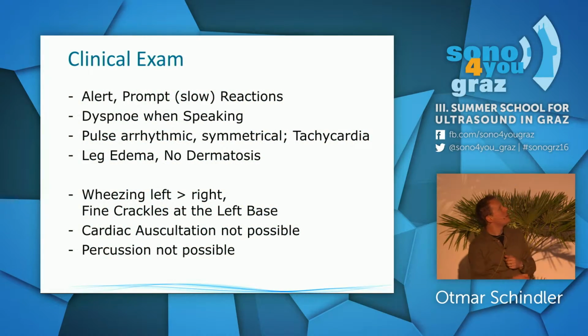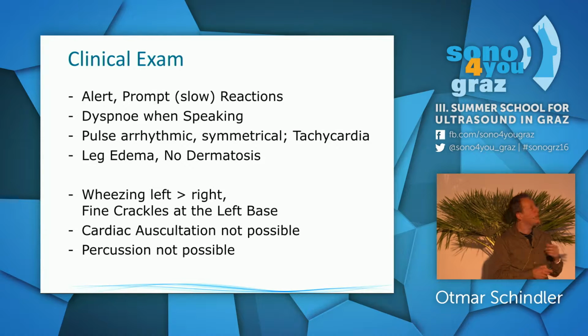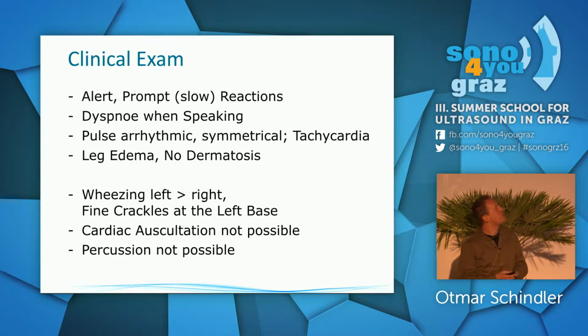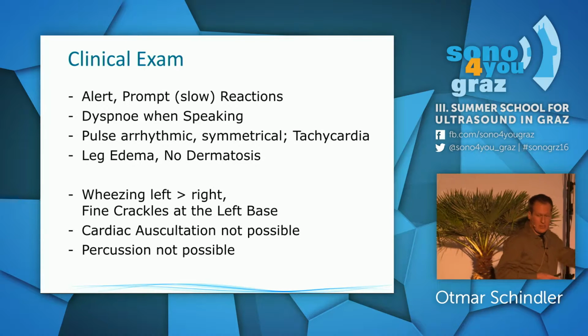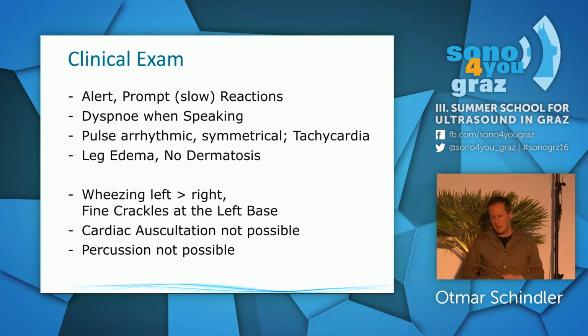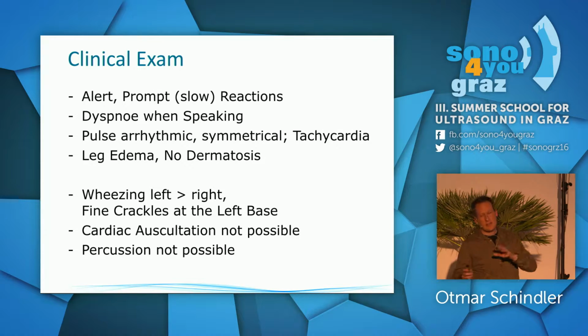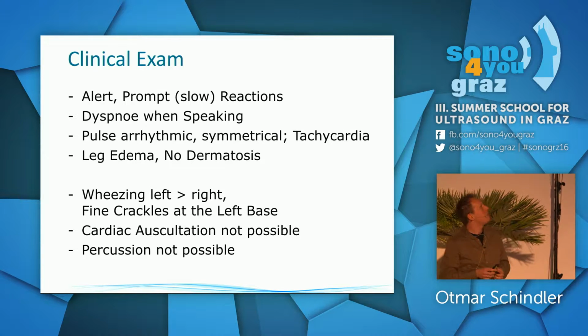He was alert. He had prompt reactions, a bit slower, but nothing special. He had, as you already know, dyspnea when speaking. I asked him, otherwise I could not know. If he just breathes a bit strangely, I don't know if he has dyspnea. He said that's really a problem. Okay, as long as he can speak, it's a good sign. I palpated his pulses.